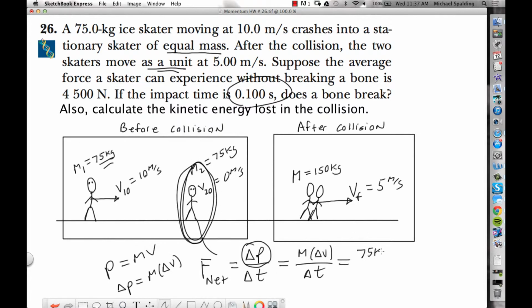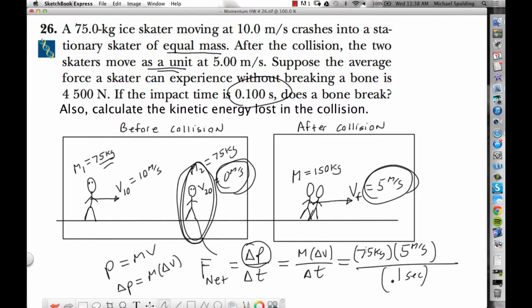His mass is 75. What is his change in velocity? He goes from 0 to 5. So his change of velocity is 5. And then how much time did that take? 0.1. And again, notice, what's change of velocity over time? That's your acceleration.